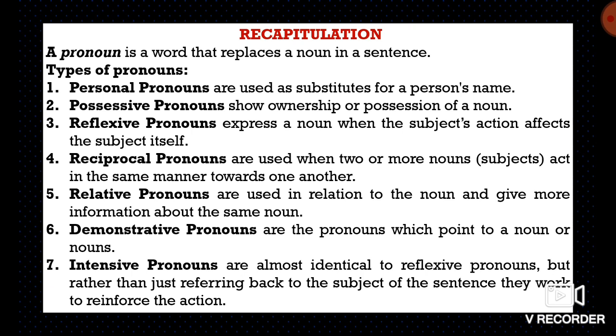Sixth is demonstrative pronoun. Demonstrative pronouns are the pronouns which point to a noun or nouns. And the last is intensive pronouns. Intensive pronouns are almost identical to reflexive pronouns, but rather than just referring back to the subject of the sentence, they work to reinforce the action.